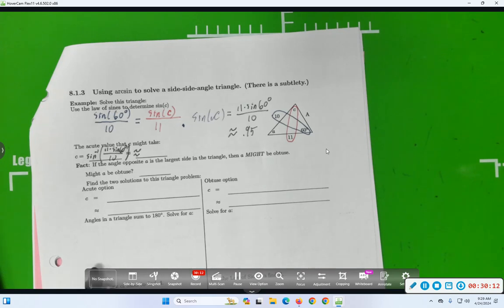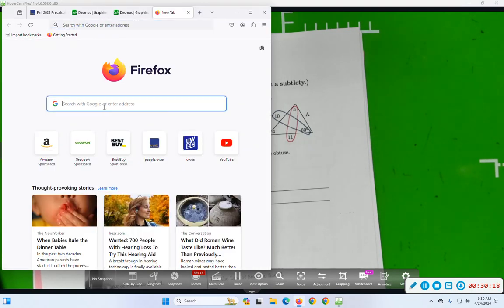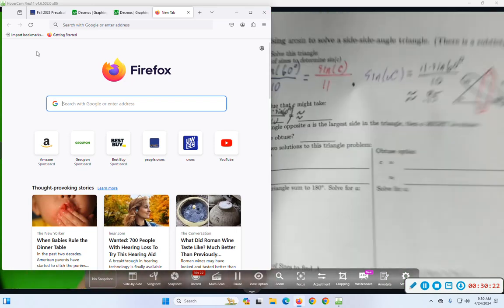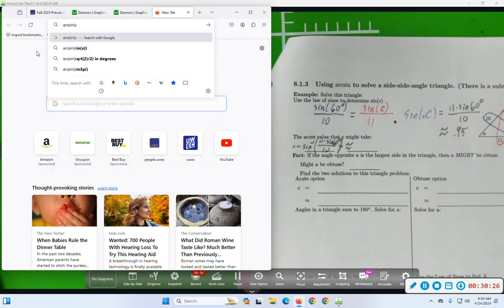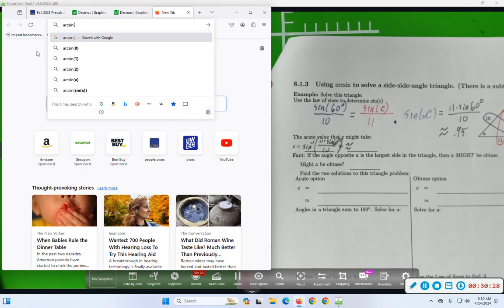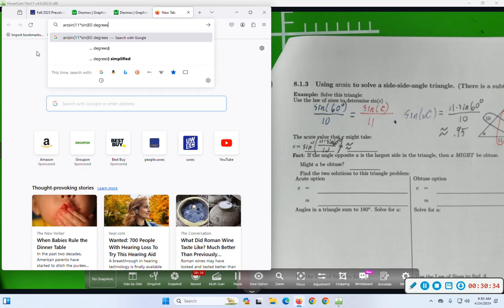All right, then let's get a decimal approximation because the notes ask for one. So let's compute arc sine of 11 times the sine of 60 degrees divided by 10.